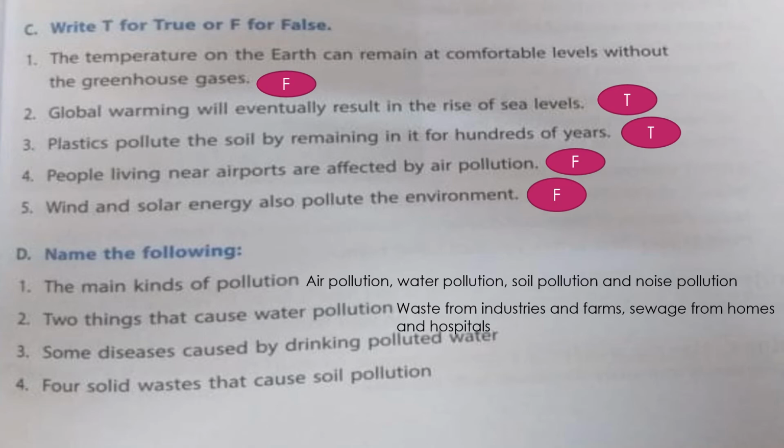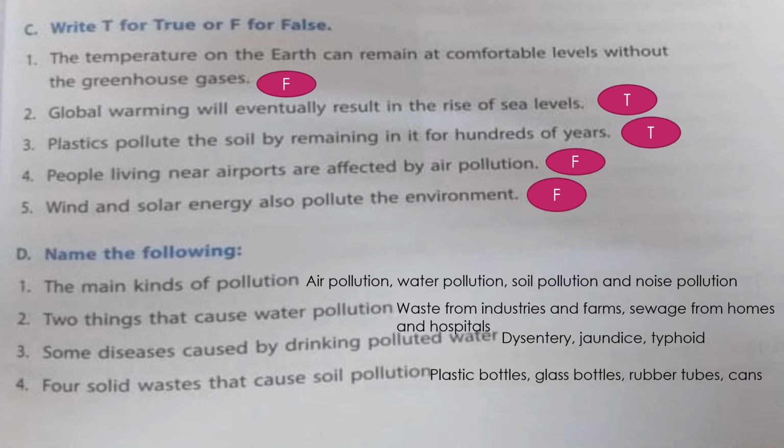Third question. Some diseases caused by drinking polluted water. Dysentery, jaundice, typhoid. Fourth question. 4 solid waste that cause soil pollution. Plastic bottles, glass bottles, rubber tubes, cans, tires, etc.